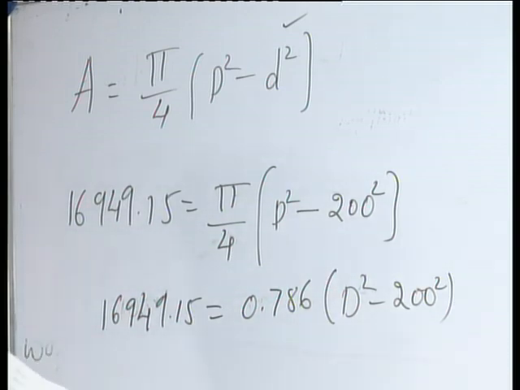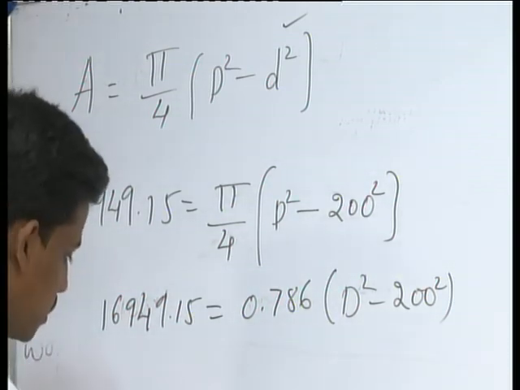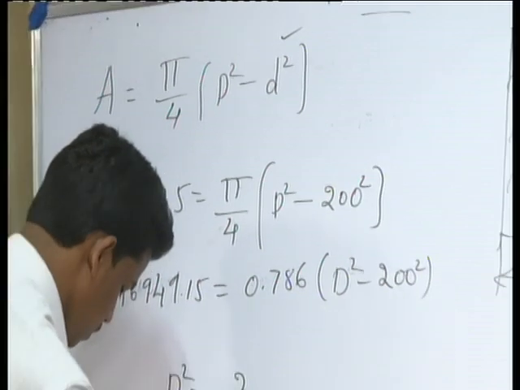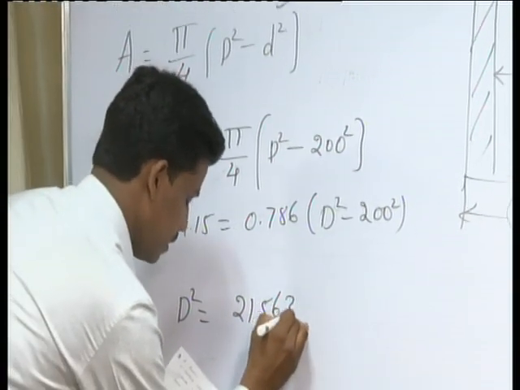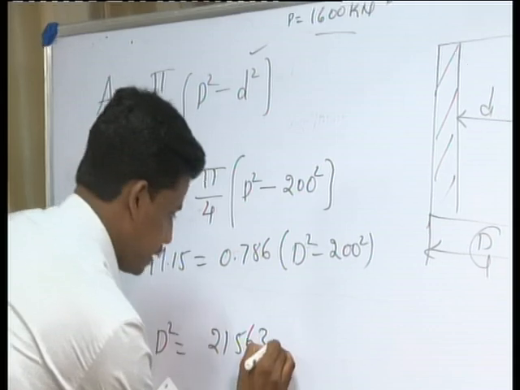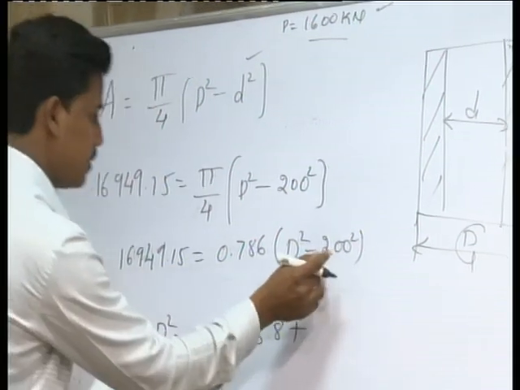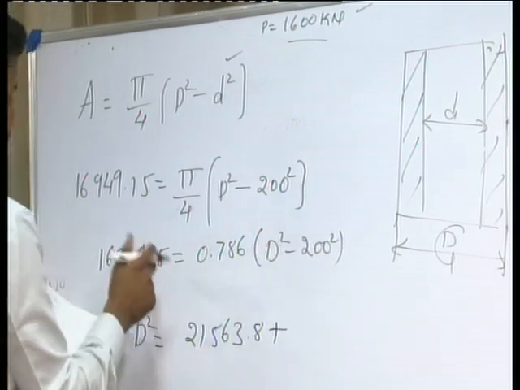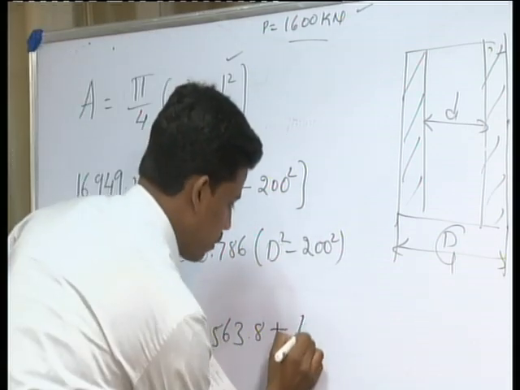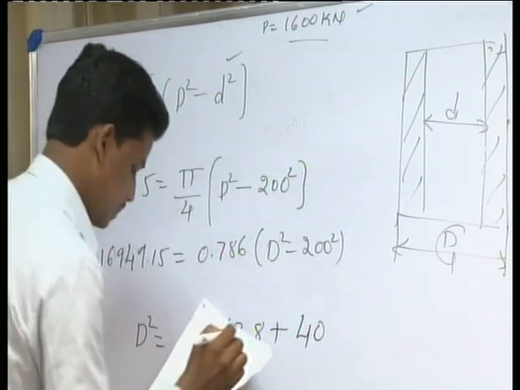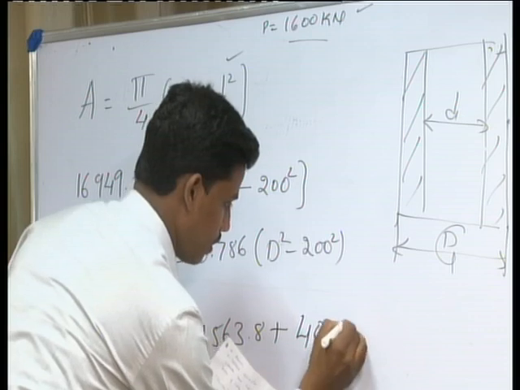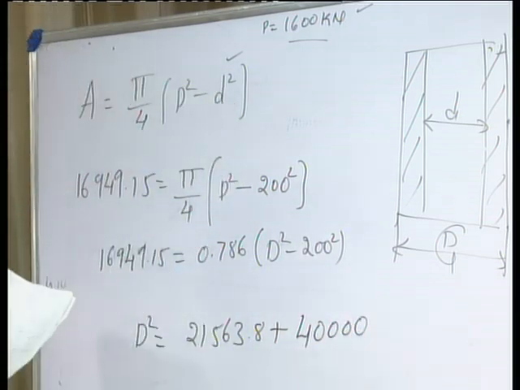By doing simplification, D square is equal to 21563.8 plus, taking 200 square to this side, 40,000.